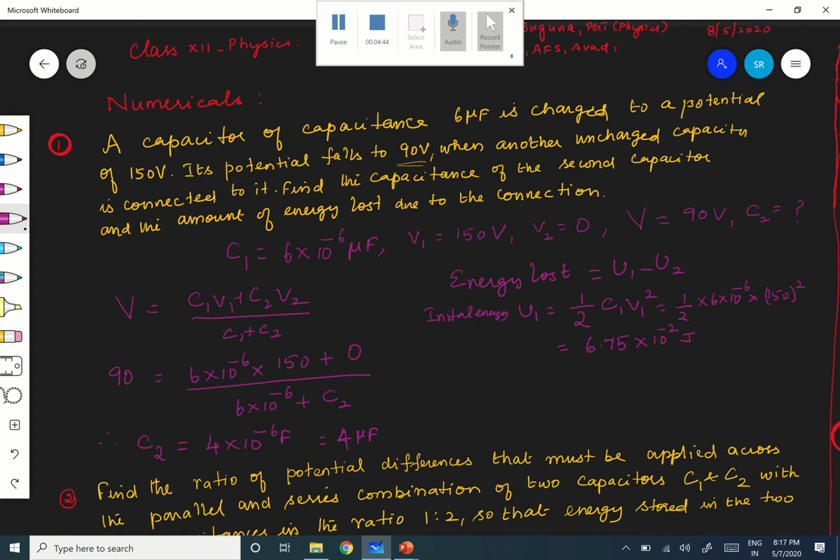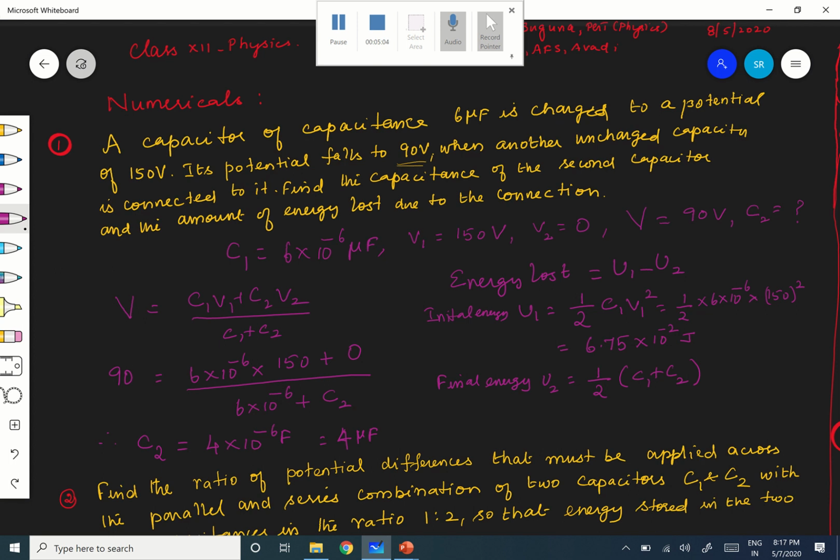And what is the final energy? Final energy U2 is equal to, after both are connected, what is the net capacitance? C1 plus C2. I told you always it has to be considered as a parallel connection. If nothing is given, it is parallel only.